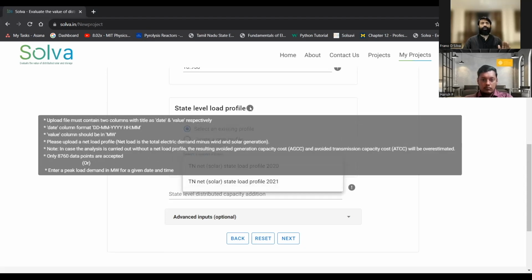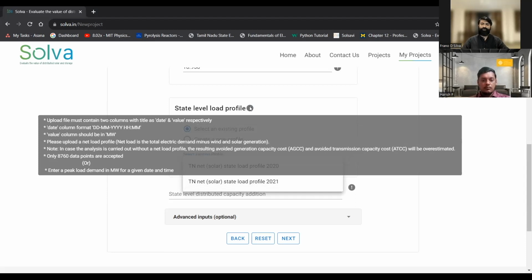The reason we asked for the net load profile is, if you remember during the presentation, as we spoke about the capacity credit calculations, if we upload a state load profile that is not a net load, we would be overestimating the resulting avoided generation capacity cost as well as the transmission capacity cost.